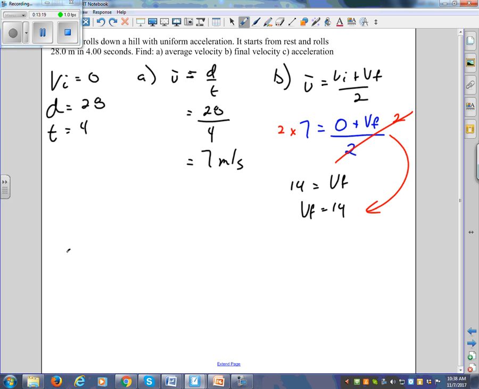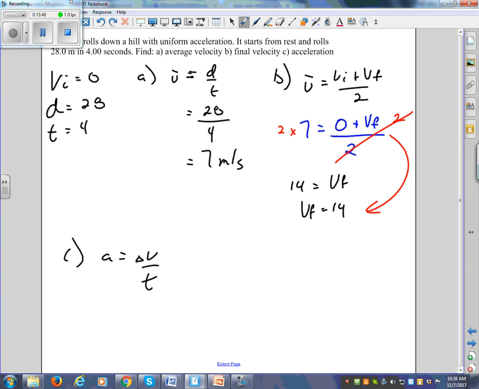Find the acceleration. What's the formula for acceleration? Okay. Which velocity, Jason? Nope. It's the change in velocity. Now, do I have the change in velocity? Do I have delta V anywhere up there? I don't see it.